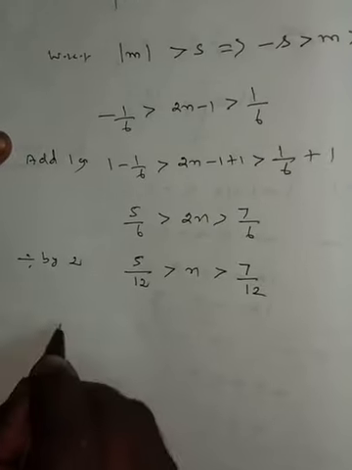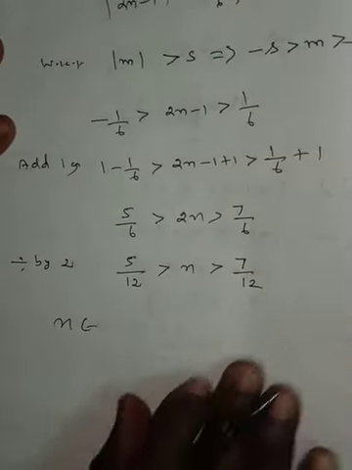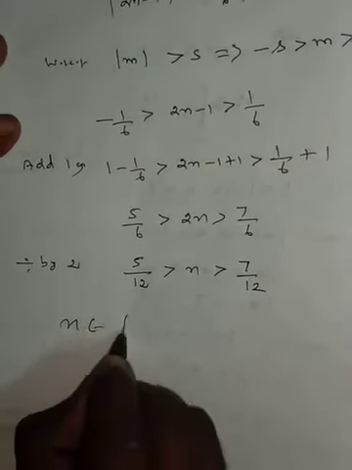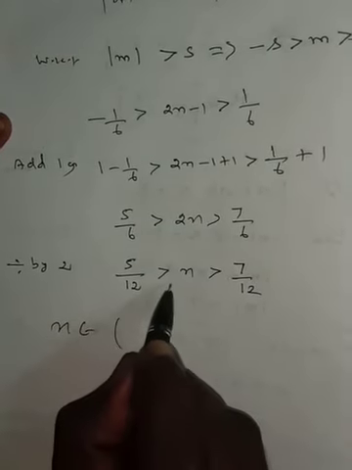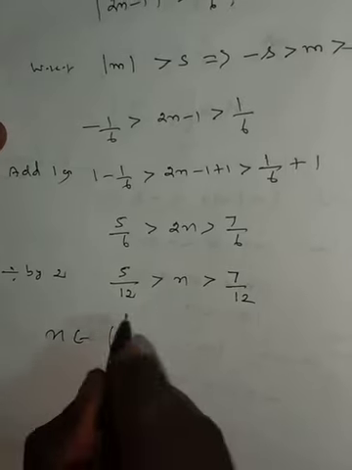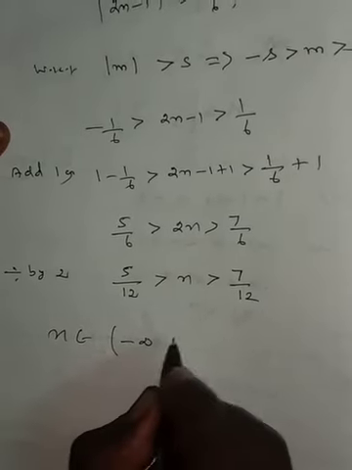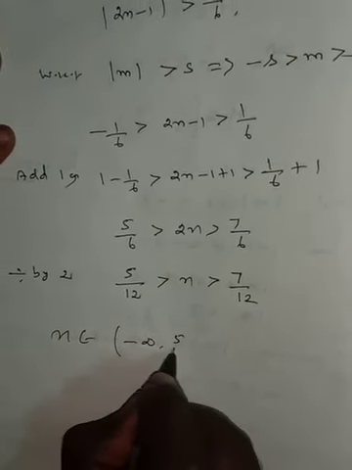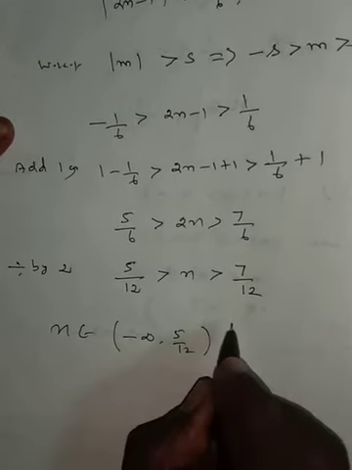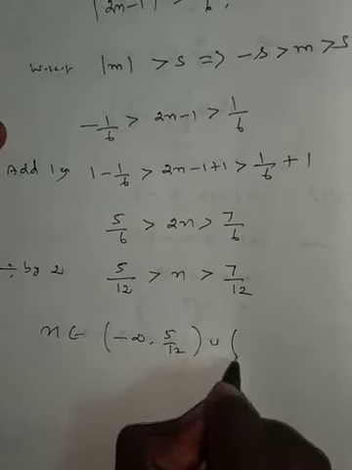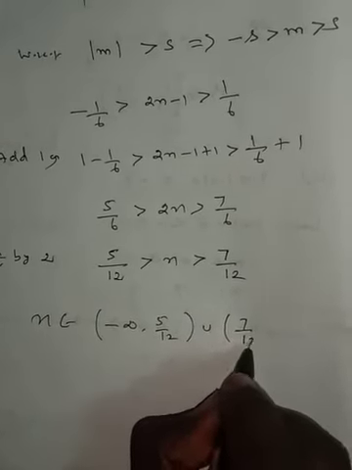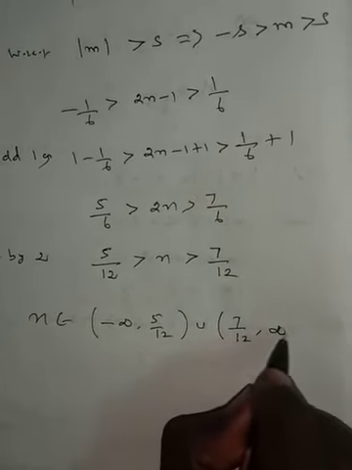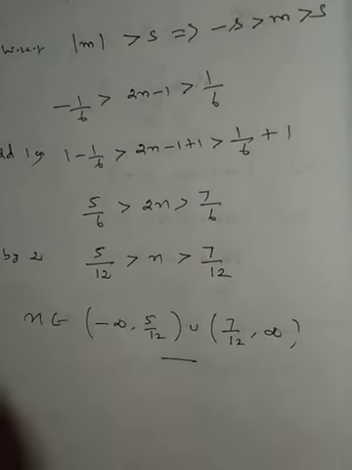Now x belongs to minus infinity comma 5 by 12, union another open interval 7 by 12 comma positive infinity. This is the solution.